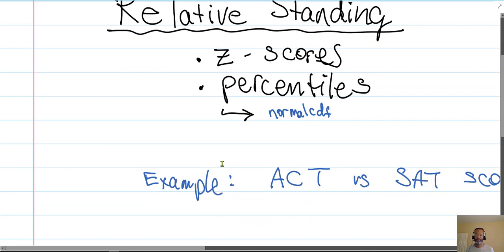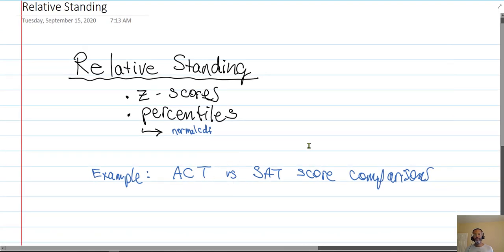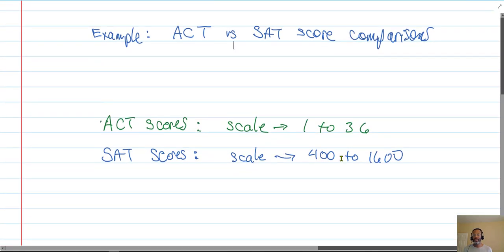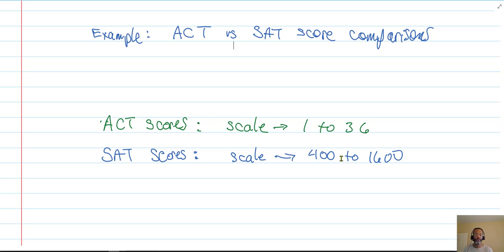So for example, if I want to compare ACT versus SAT, these standardized scores. What's interesting about these two tests is that they are on different scales. So we can't simply do what most of us see well over 90% of the time, where we just take a percentage.